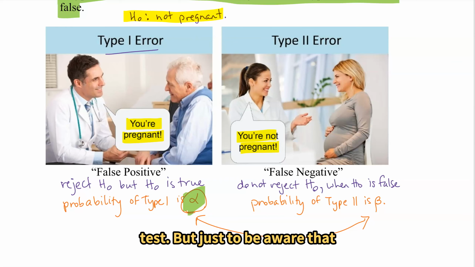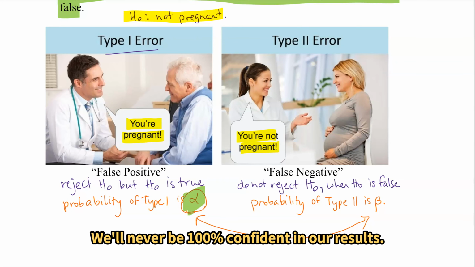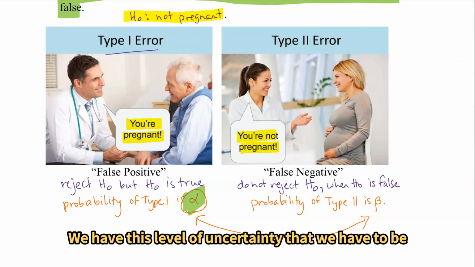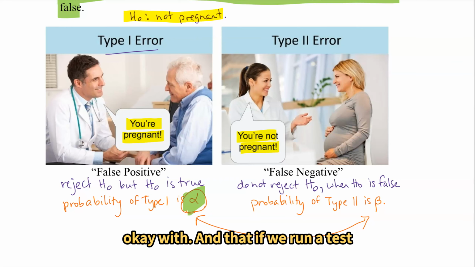But just be aware that for type 1 and type 2 errors, we cannot make them all go away. We'll never be 100% confident in our results. And this is what makes statistics very different from mathematics. We have this level of uncertainty that we have to be okay with.